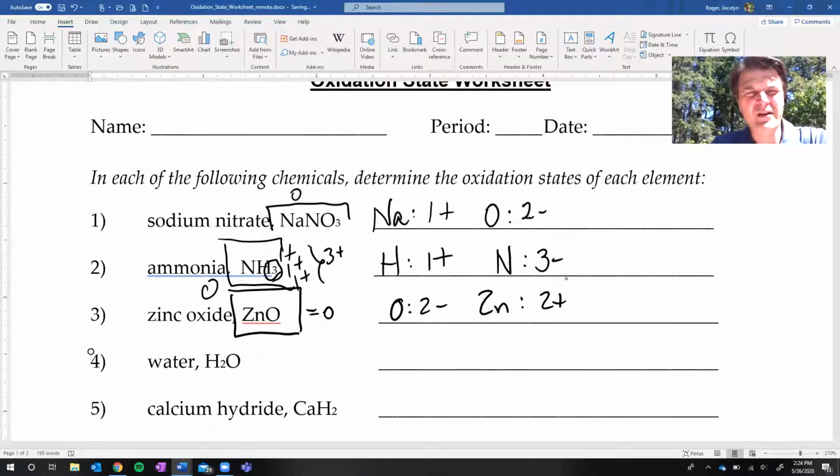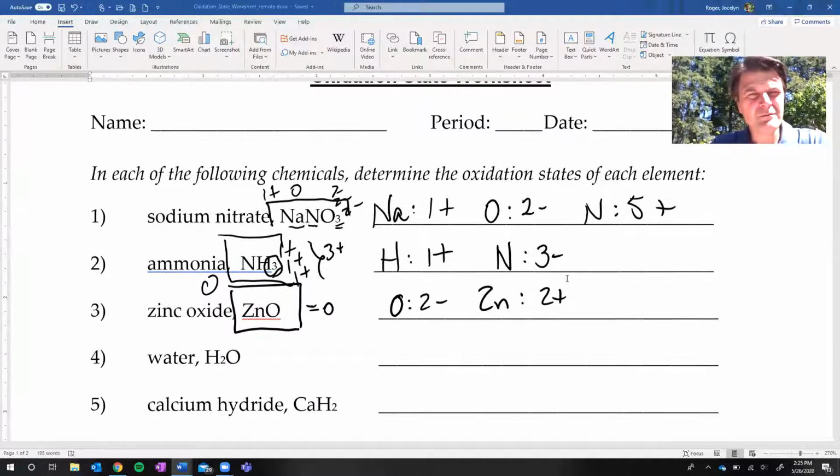If oxygen is 2-, there are 3 of them, so 2-, 2-, 2-, that's 6-. Your Na is 1+, so the nitrogen has to be 5+. So 1+, 5+, that's a total of 6+. And then 2-, 2-, 2-, that's 6-. So the whole thing is equal to 0. And that's how you do it. You just follow the rules.